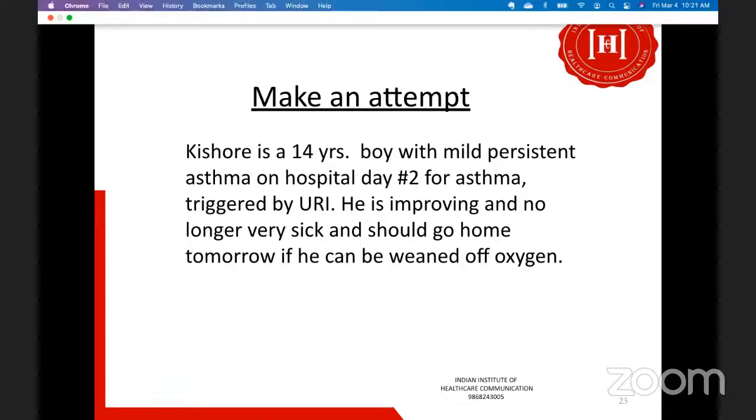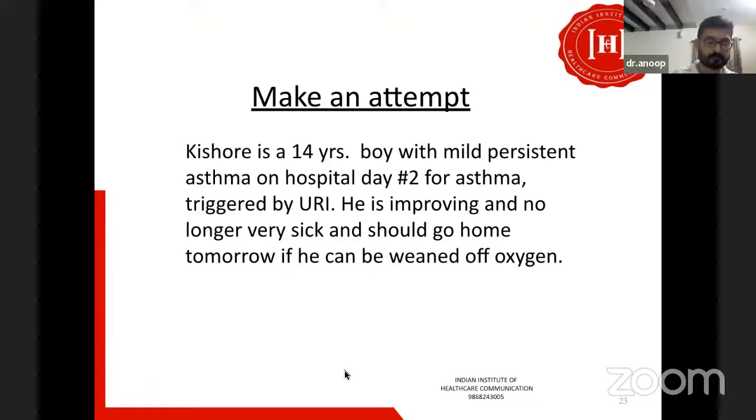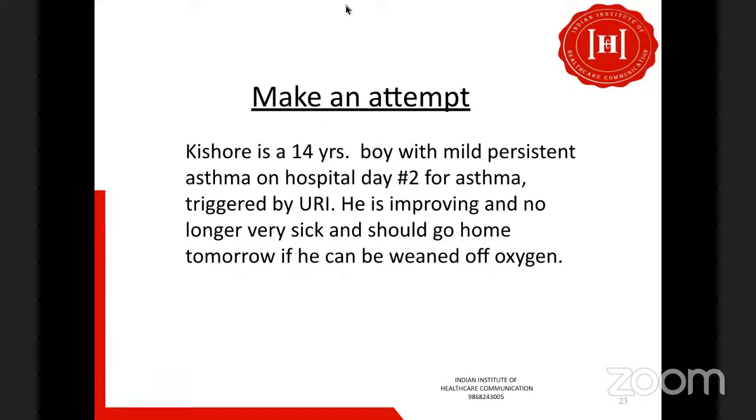Would somebody like to try? Just one, maybe one of you, okay? Anybody who is willing to try? Patient Kishore, 14 years, plan to wean off oxygen.